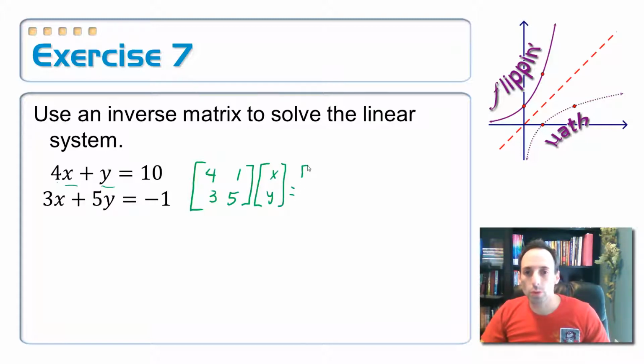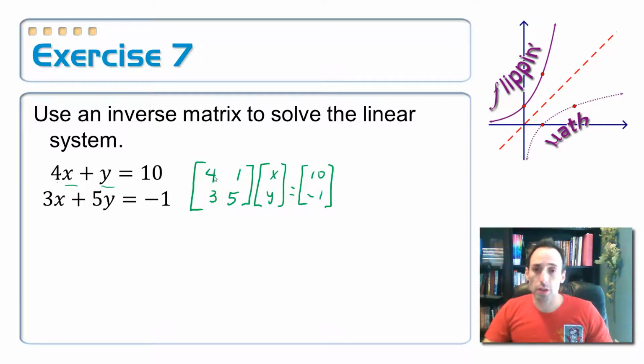And this should be equal to the set of constants out here, the solutions, a 10, negative 1. So remember when we talked about maybe Cramer's rule, if I take the matrix multiplication on the left-hand side, the 4, 1, multiply it times x, y, I will get 10. That's the first equation in the system, right?